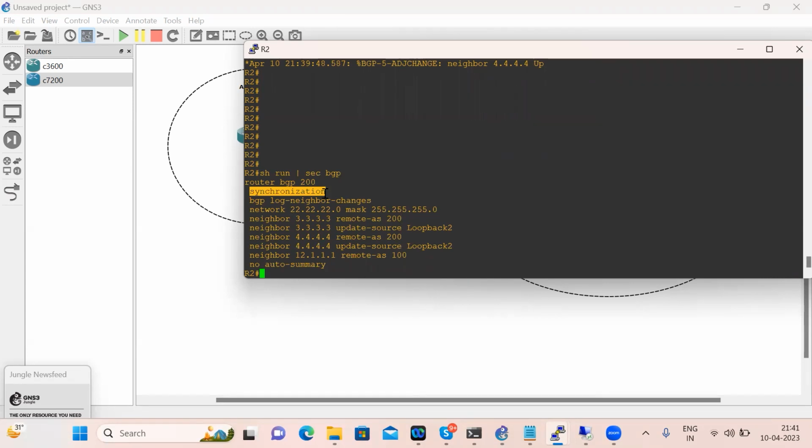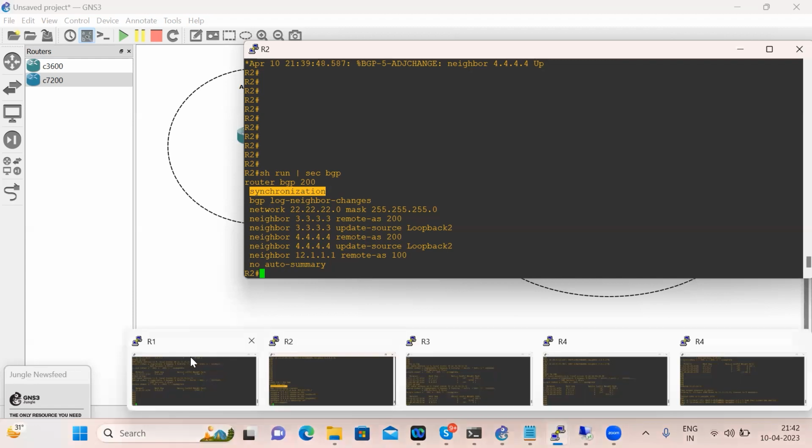But once you enable this rule, the synchronization rule states that I won't advertise my iBGP networks to any eBGP neighbor. Whatever I learn through iBGP, I won't advertise those networks to any of my eBGP neighbors. That is what we are seeing over here.